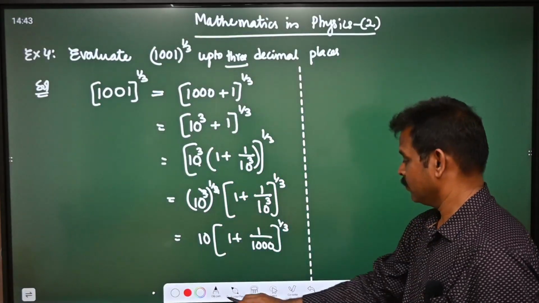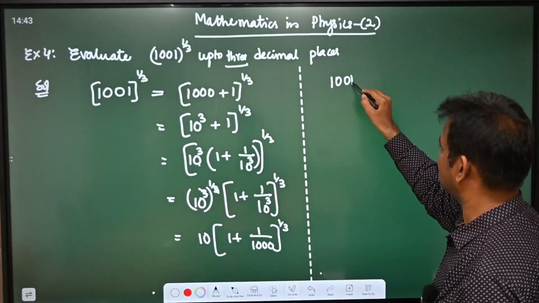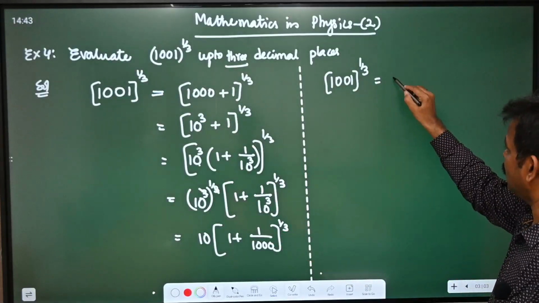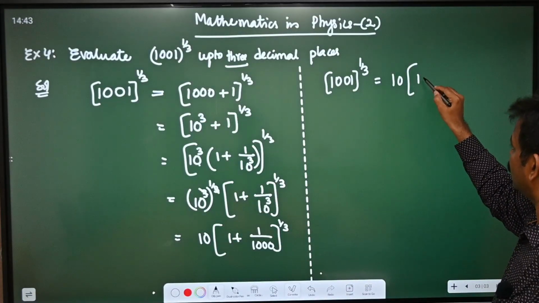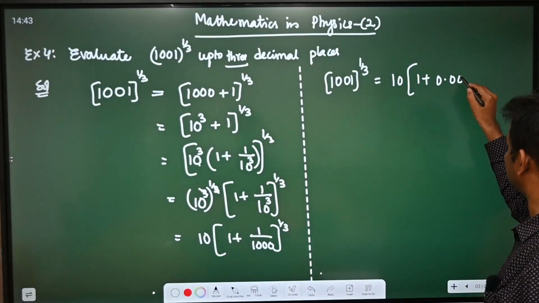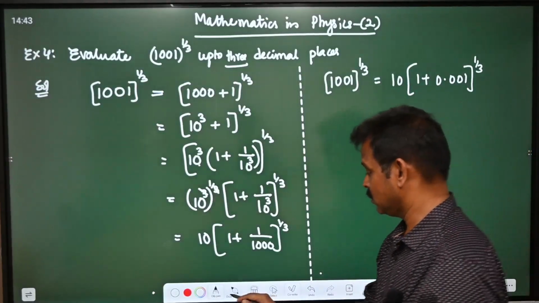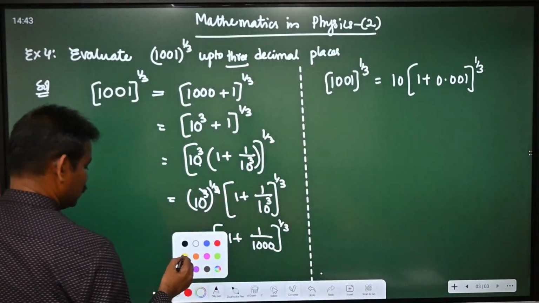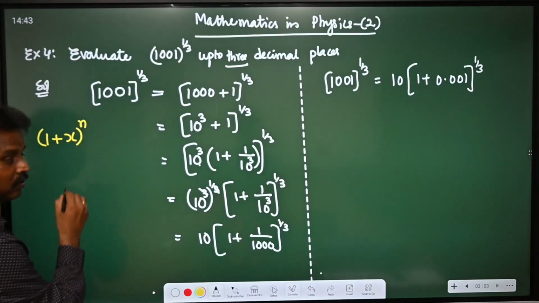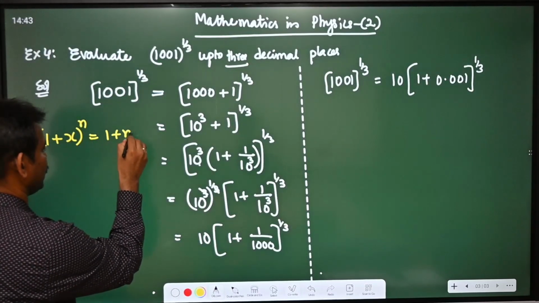Now, here we can write (1001)^(1/3) as 10 into (1 + 0.001)^(1/3). Now, we know that whenever the expression is in the form of (1 + x)^n, where x is much smaller than 1, this can be written as 1 + nx.